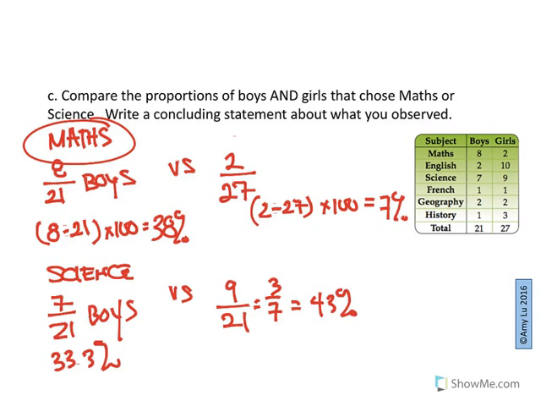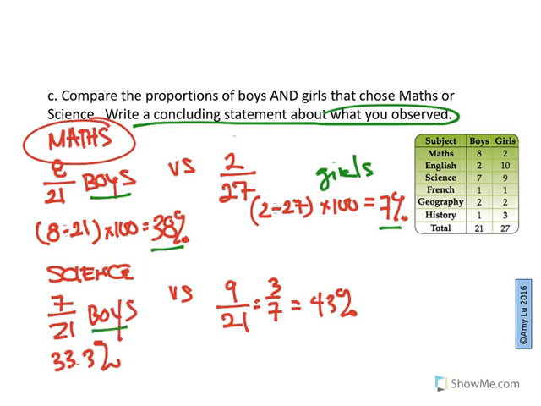So let's compare. Now it says, write a concluding statement about what you noticed. So let's look at our information. For boys, 38% chose maths, while only 7% were girls. Girls chose maths. Only 7% of girls chose maths.